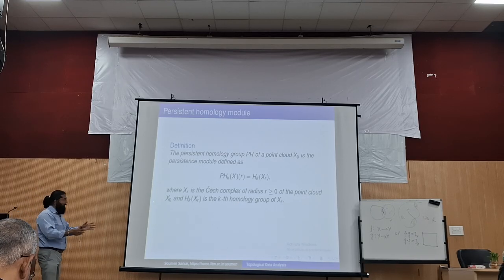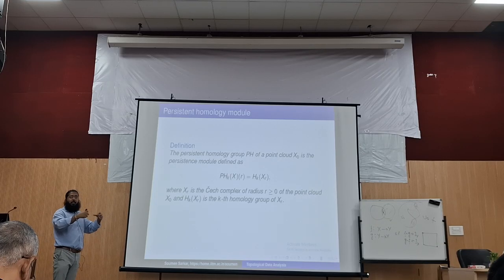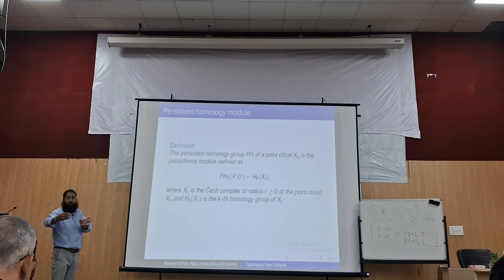So what does it measure, and why R? R is like when we are moving that epsilon, right? We have data and we want to understand the data set, so we try to build simplicial complexes from it, but how far can we go? If we go slowly, how do we determine the shape of the data? By computing its homology.